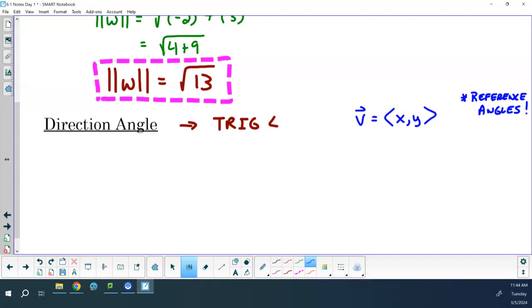So that refresher was, remember that we have theta prime is equal to the inverse tangent of y divided by x, where the big thing is we drop any negative signs in x or y.